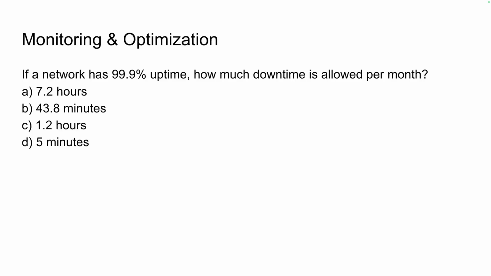Let's say a 30-day month. 24 hours times 60 minutes gives us 1,440 minutes per day. If we multiply that by 30 days, that's 43,200 minutes per 30-day month.